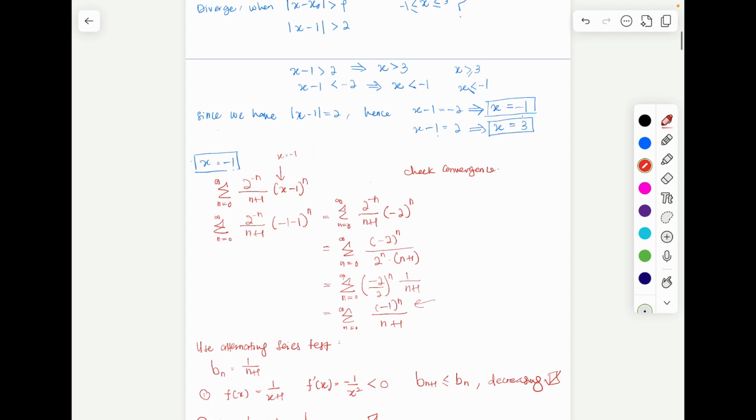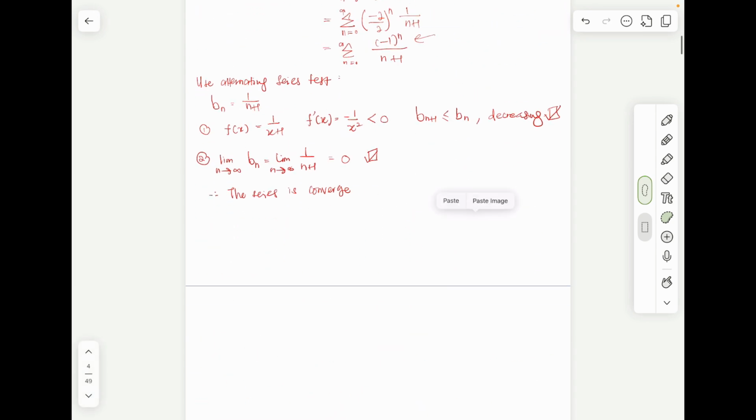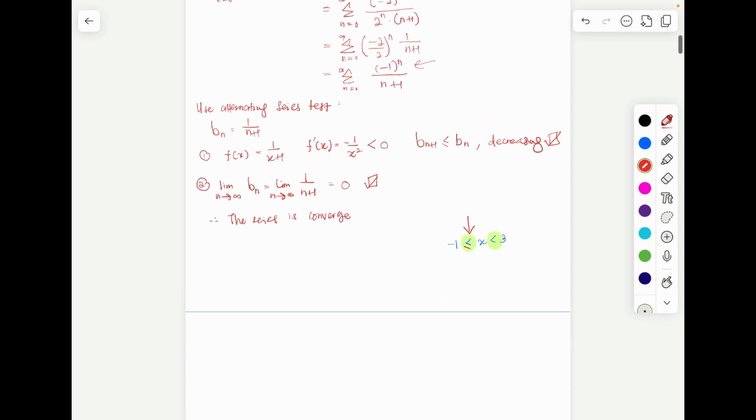Okay, recall our interval of convergence. I paste it here. So this part should be x greater than or equal to negative 1, because at x equals negative 1, we found out that the series is also convergent.